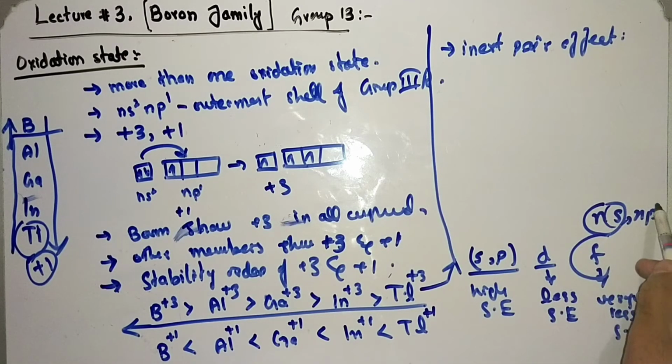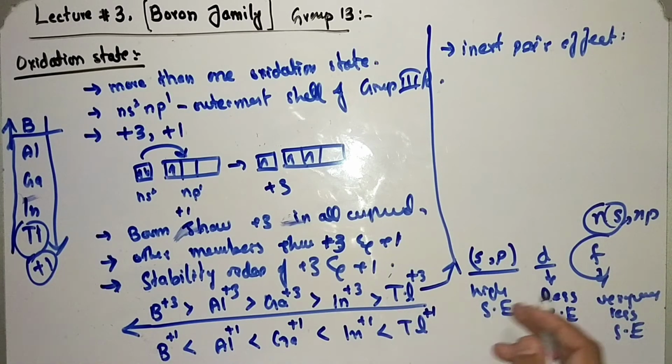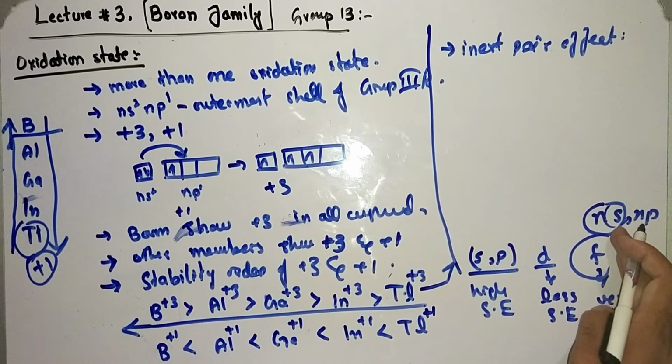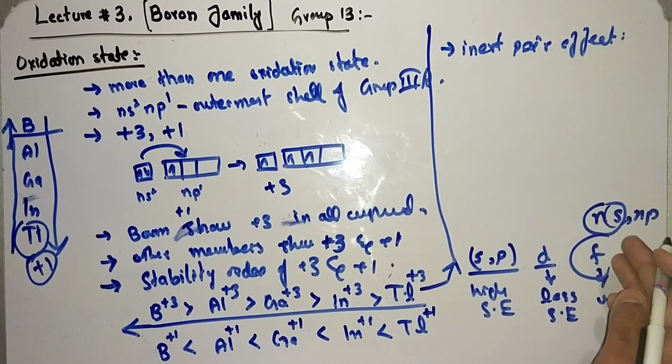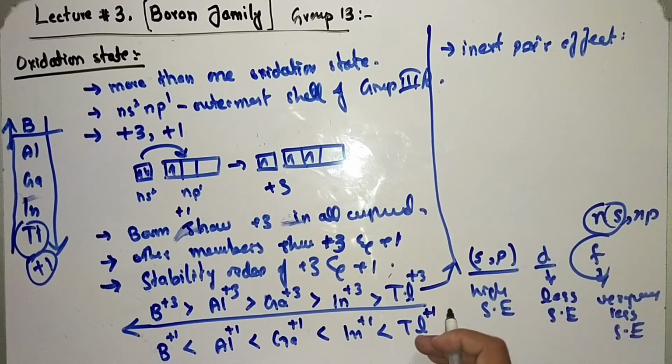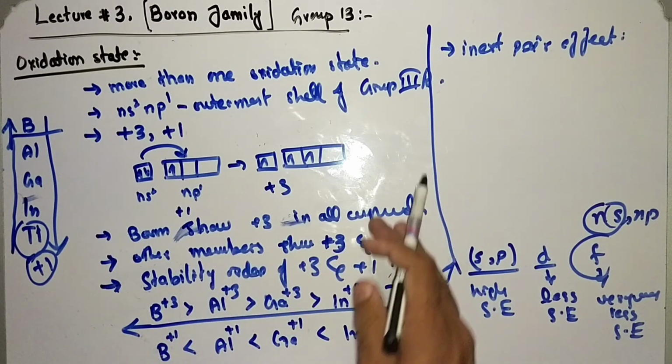The electrons in the p shell can be lost by thallium, while the electrons of s cannot be lost or bonded. So thallium in +1 oxidation state is stable, while +3 is unstable. Due to the inert pair effect, the stability of the +3 oxidation state decreases from top to bottom in the boron family.